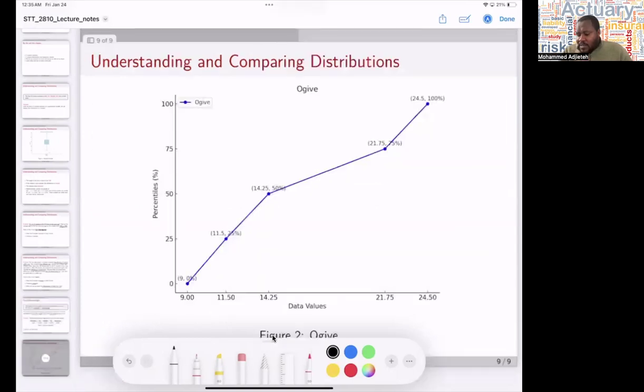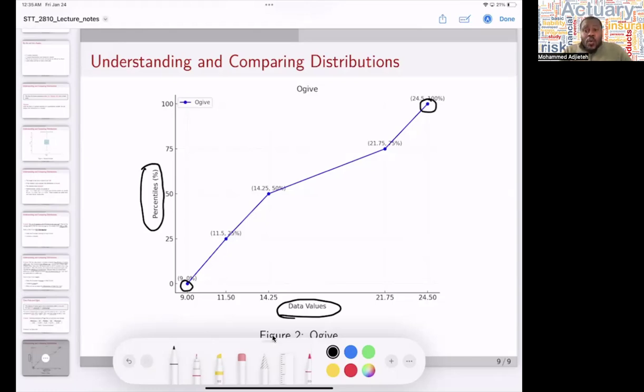Now, let's look at this one here. So this is the percentile, and this is the data values. Look at where the minimum is, same as the 0th percentile. The maximum is the same as the 100th percentile.